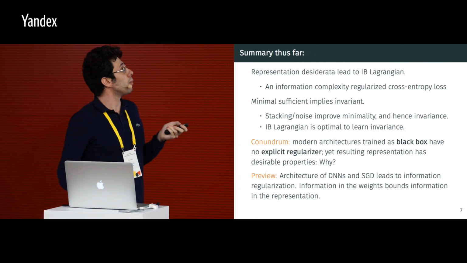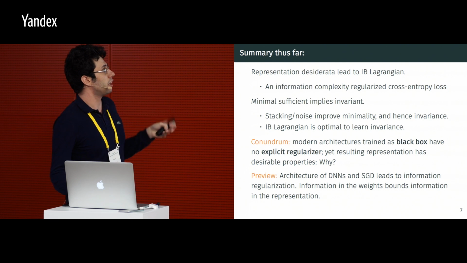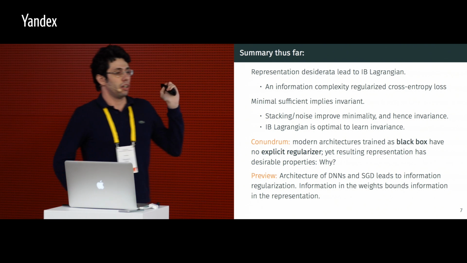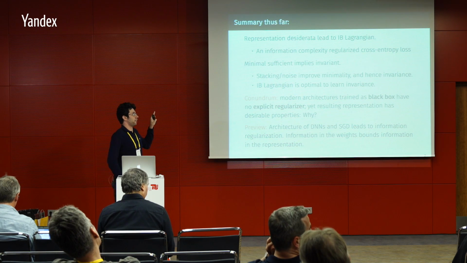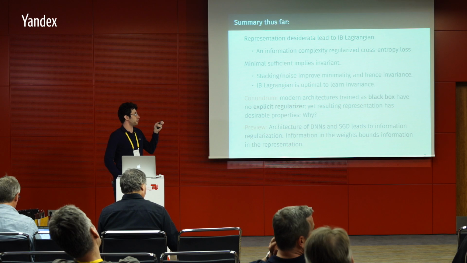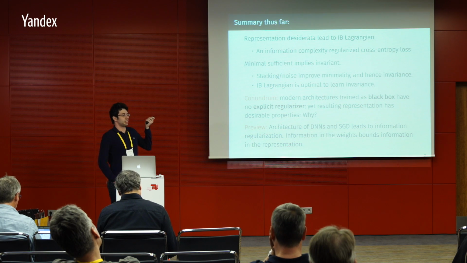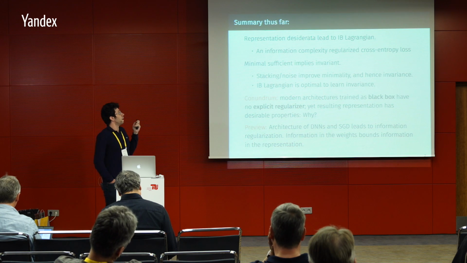So just to summarize so far, we have decided a few properties, a few desiderata of a representation, and we showed that this reduces to an optimization problem, which is exactly an information Bottleneck Lagrangian.